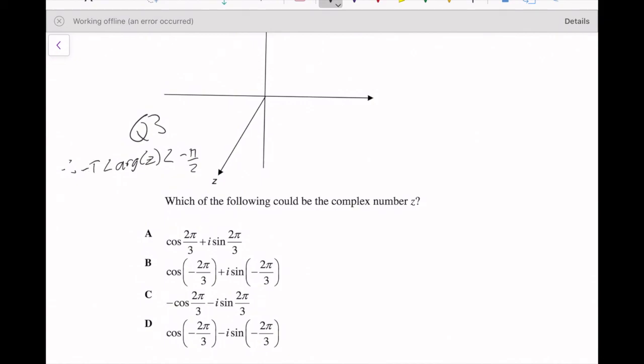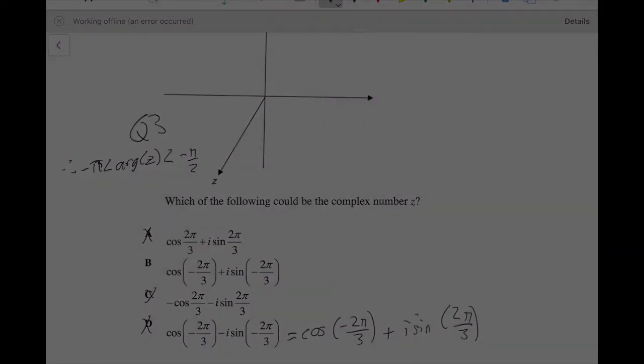Therefore, it cannot be A and it cannot be C, or B, that is cis of negative 2 pi on 3, but D is not in the cis form. It can be rewritten as cos of negative 2 pi on 3 plus i sine of 2 pi on 3, due to sine being an odd function. And this is definitely not the solution, so therefore it has to be B.